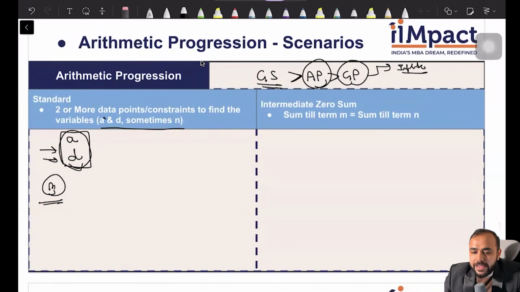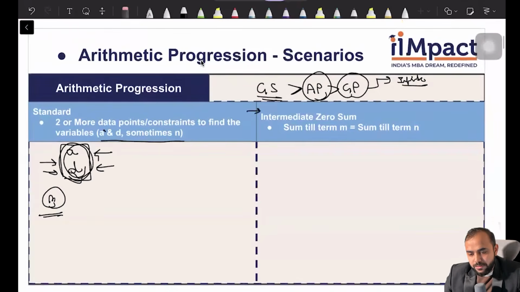So your target always, when you come across a standard question in arithmetic progression, and when I say standard, I mean like a word problem, is to focus all your energies on finding a and d. And this is only for the standard situation. Any other specific situation we are going to be tackling very soon. And once you have a and d, you have your arithmetic progression defined, and then it does not matter what they ask.